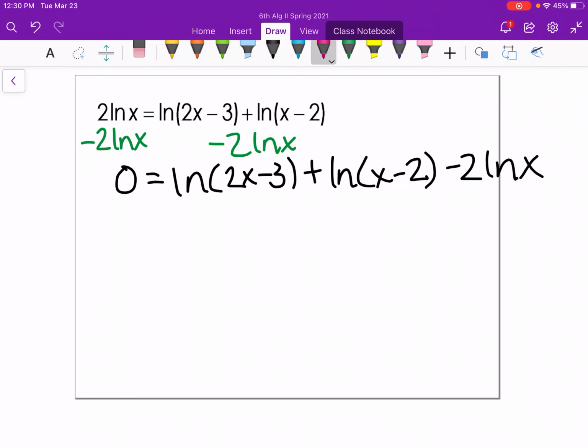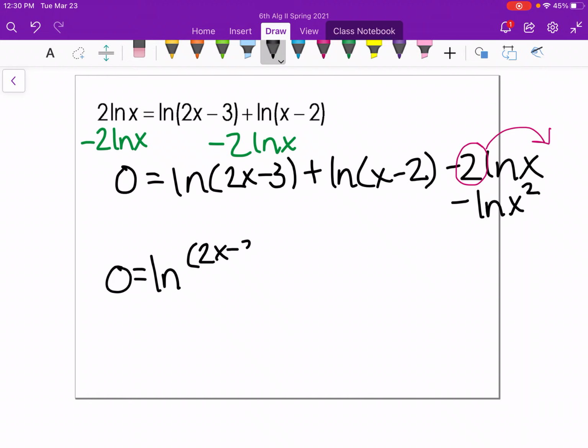Now, hopefully you remember, this can go here, and that's really minus the natural log of x squared. And I can put these all together now, write them as one single logarithm. So I have 0 equals the natural log of (2x minus 3) times (x minus 2), all divided by x squared. Because this minus here means it's going to go in my denominator.